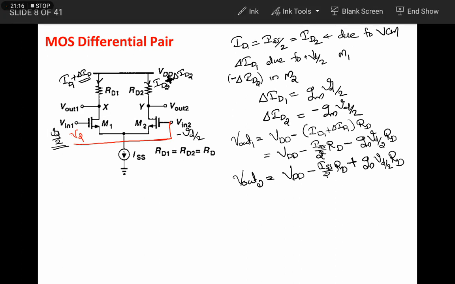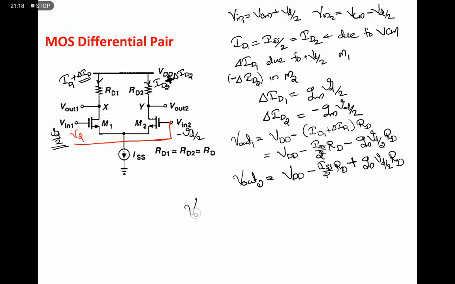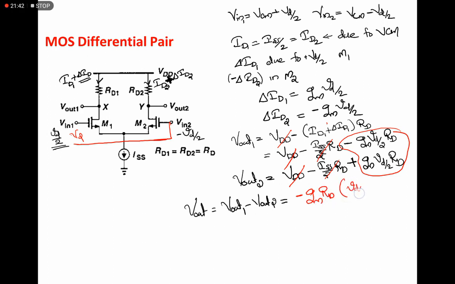Okay, so when we find the value of actual output Vout, it is Vout1 minus Vout2. Then we can cancel two quantities here. This VDD will cancel and ISS quantities will cancel, and only these two will remain. So the result becomes minus gm RD taken outside, VD by 2 plus VD by 2, or it becomes minus gm RD into VD.